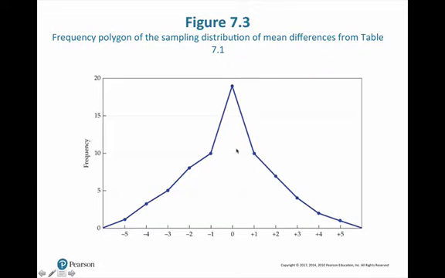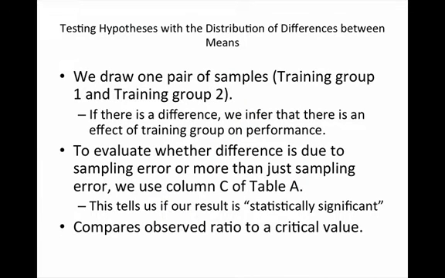When I plot this on a frequency polygon, I can see that in general, the typical difference between men and women in this hypothetical sampling distribution of differences between the means is 0, but that I have observed mean differences that vary significantly from that 0 point.